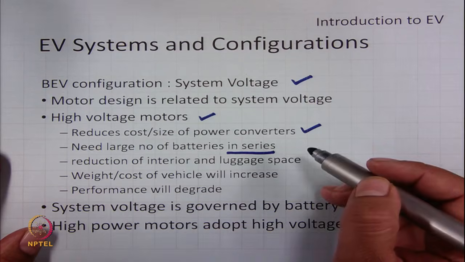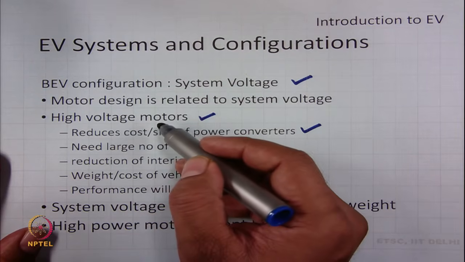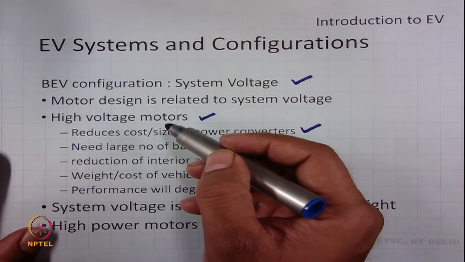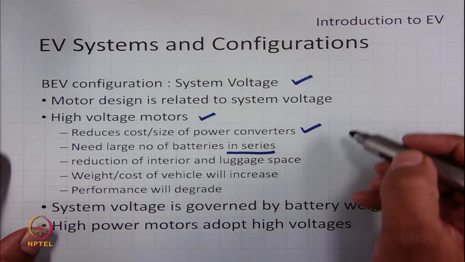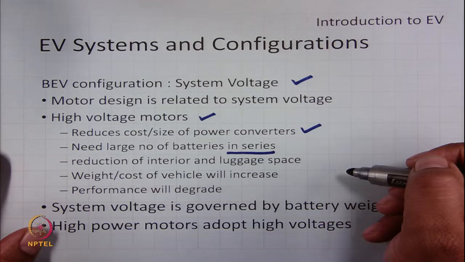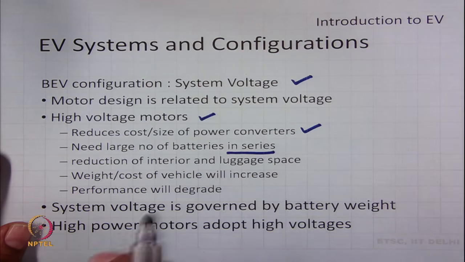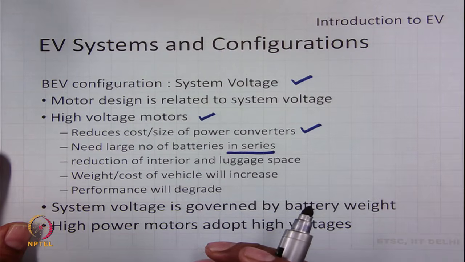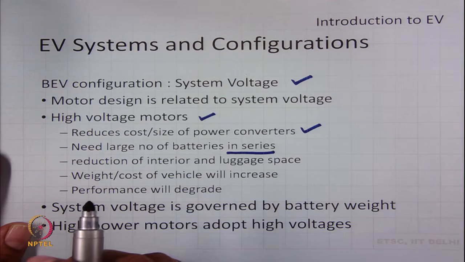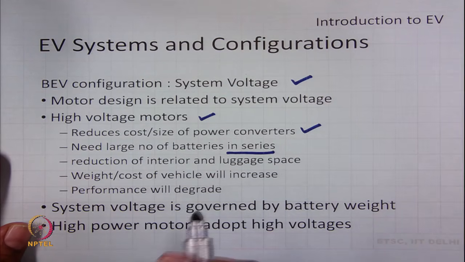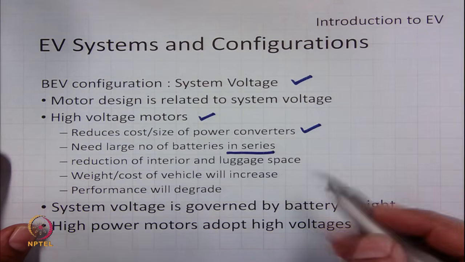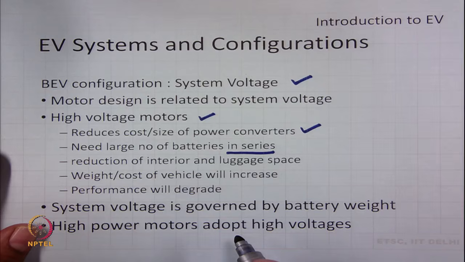So, while deciding the voltage of the motors or the battery bank, an optimization has to be done such that the performance of the vehicle versus the efficiency drop in the power converters or the motor size, weight, etc., has to be balanced such that we get better performance in terms of cost and operation.